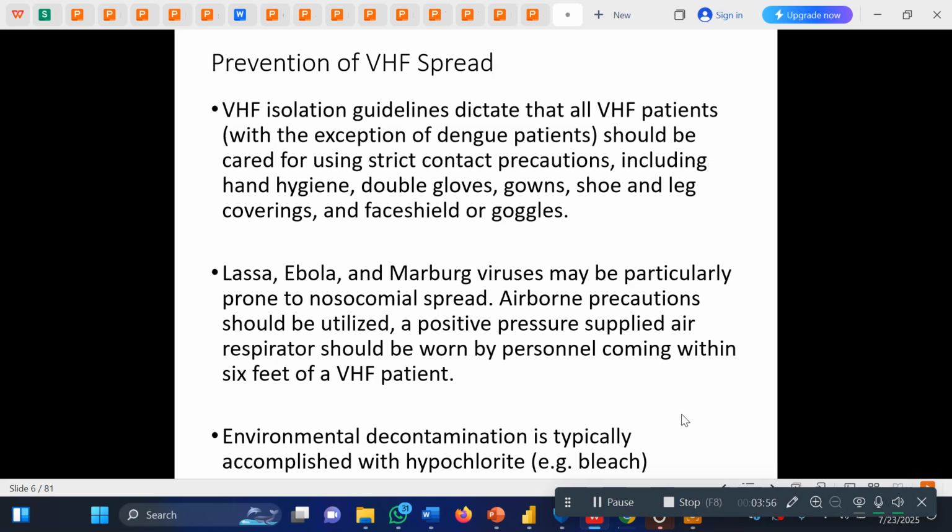Lassa, Ebola, and Marburg viruses may be particularly prone to nosocomial spread in the hospital environment. Airborne precautions should be utilized. A positive pressure supply air respirator should be worn by personnel coming within 6 feet of a viral hemorrhagic fever patient. Environmental decontamination is typically accomplished with hypochlorite or bleach.